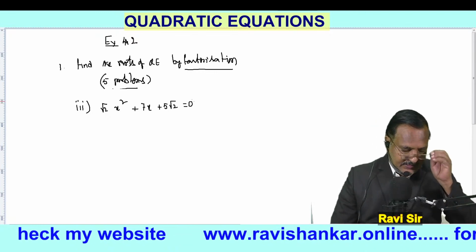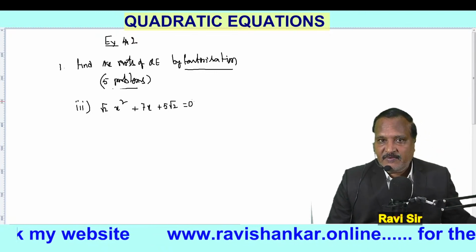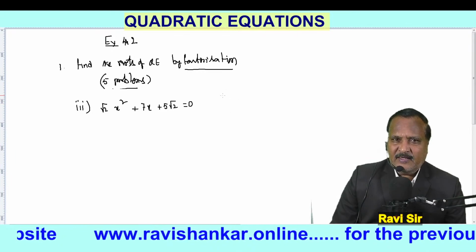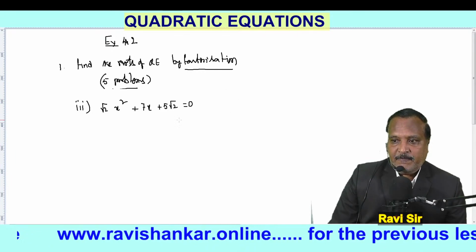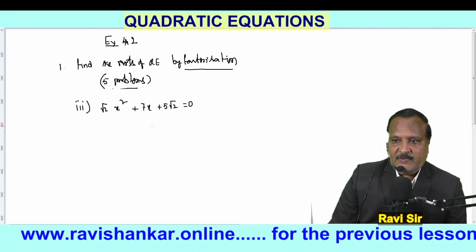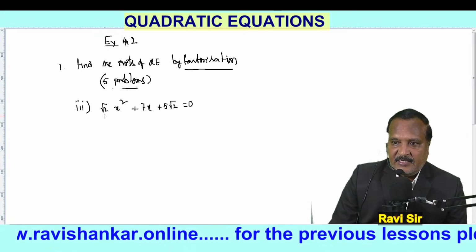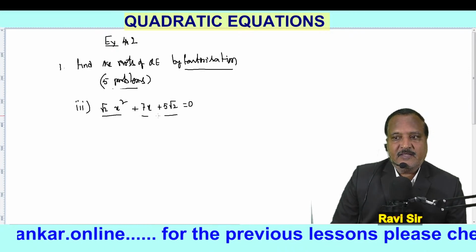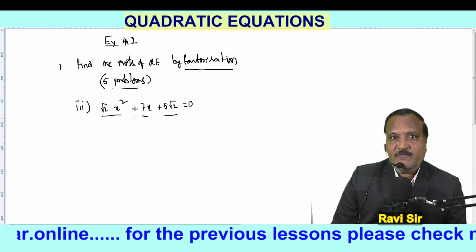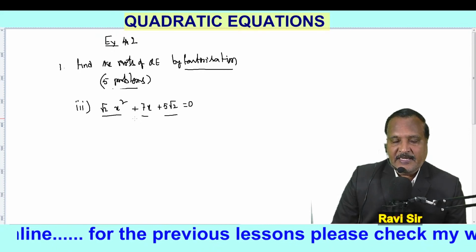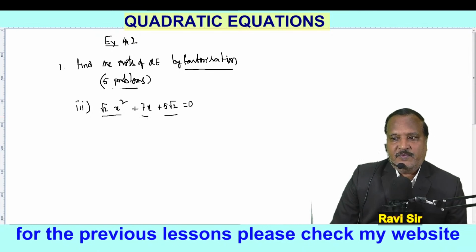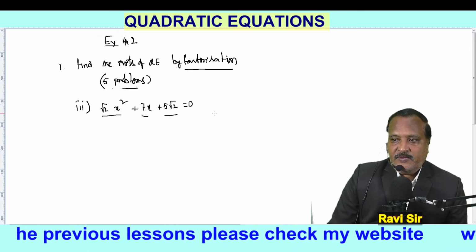Even this type of question I have explained in my second or third lesson, so use that method. This is already in the standard form: x square term, x term, constant term. If there is one x square term, one x term, one constant, then it is in the standard form. So here you can apply it.